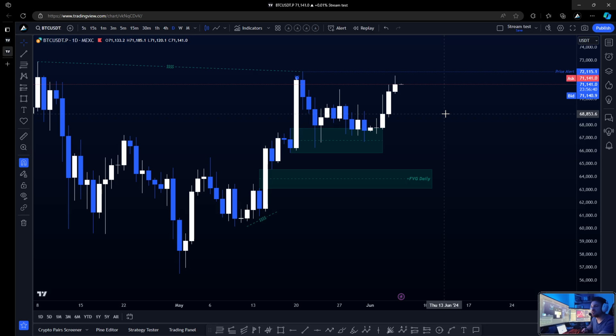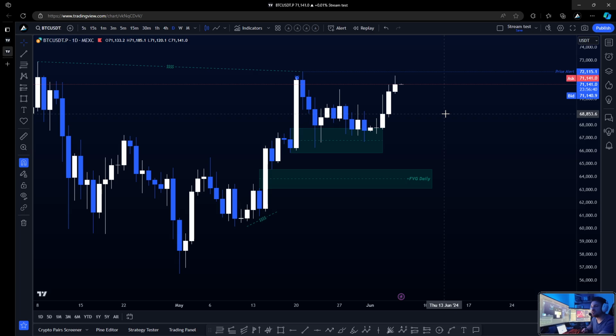So this would be the opposing liquidity. The logic that you can assume is, if this becomes a target, and if it is taken, where is price possibly going to find support after taking this? And that is where we come back to these levels.